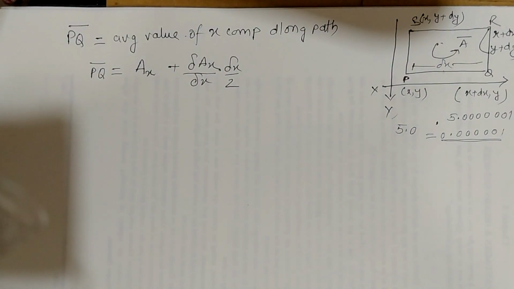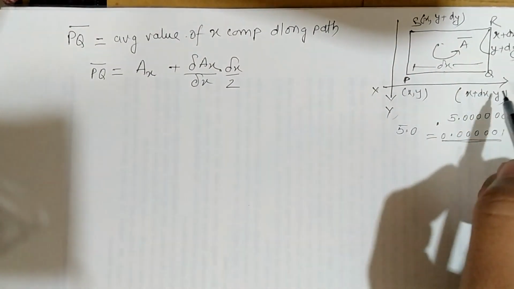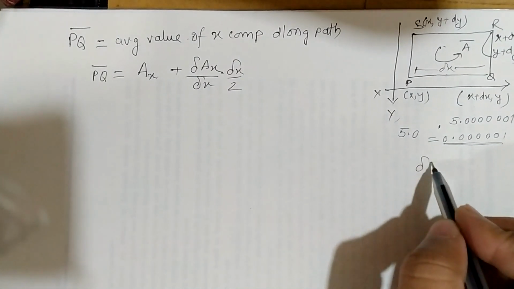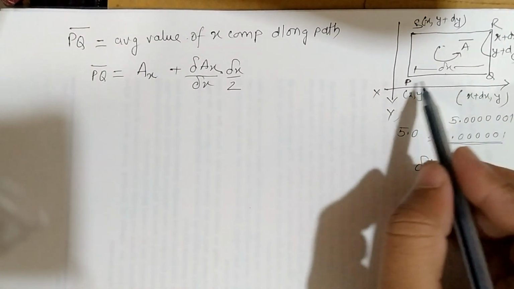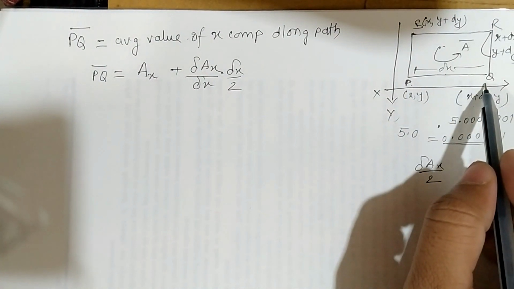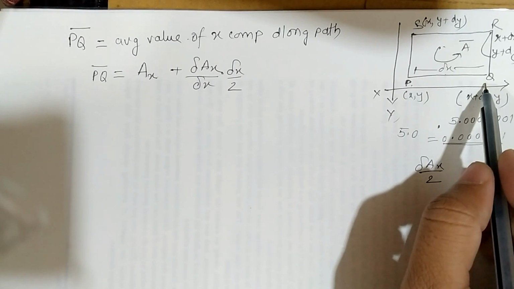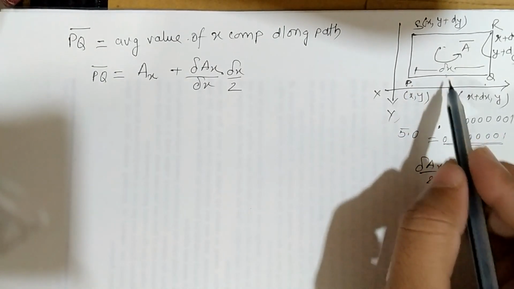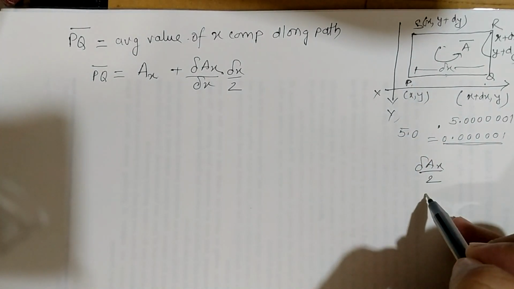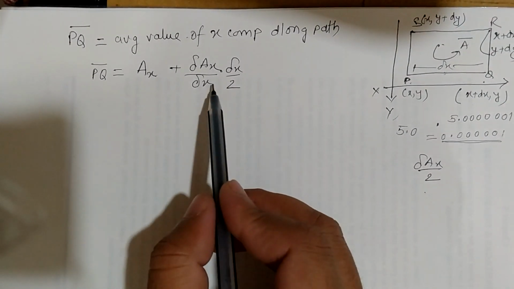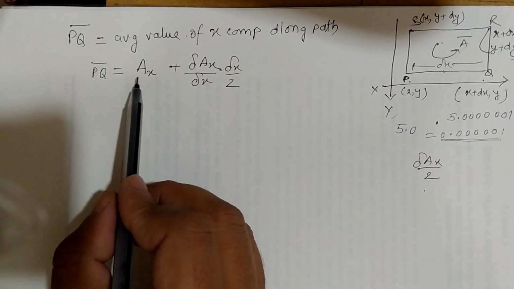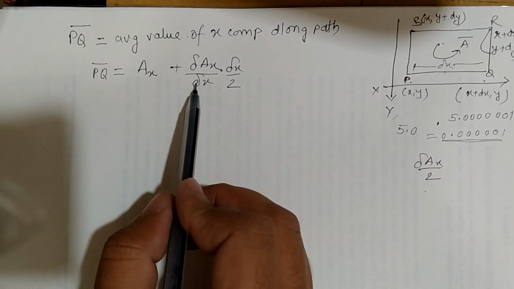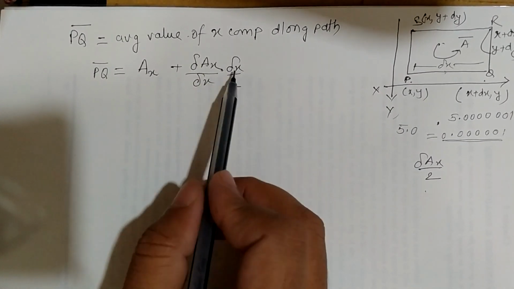Now see, if we want to calculate the average path, it will be equal to delta Ax by 2, because we don't know the starting point and the ending point, because they are separated by a very small distance. So that's why the average of this one will be delta x by 2. But by the chain rule we can add delta x and delta x over here. So therefore PQ will be Ax plus delta Ax by delta x by 2.